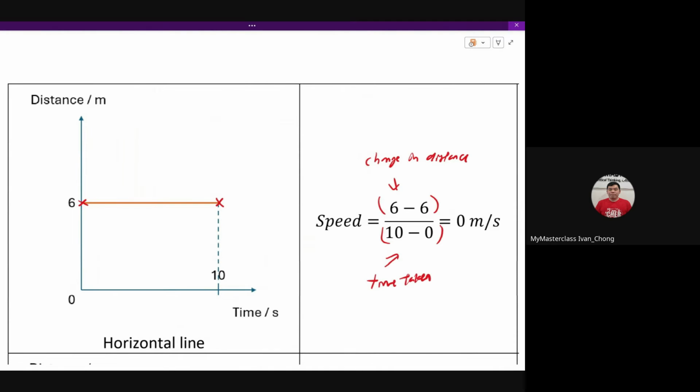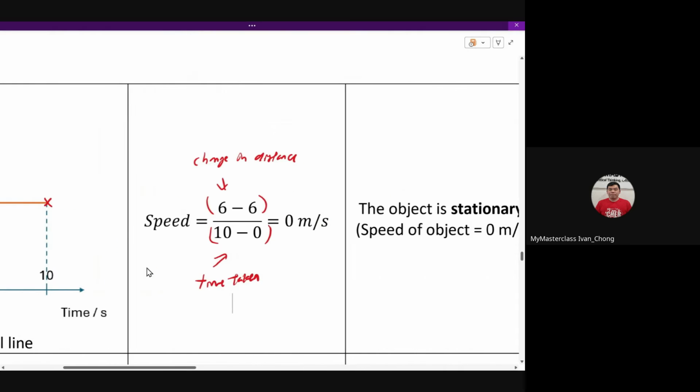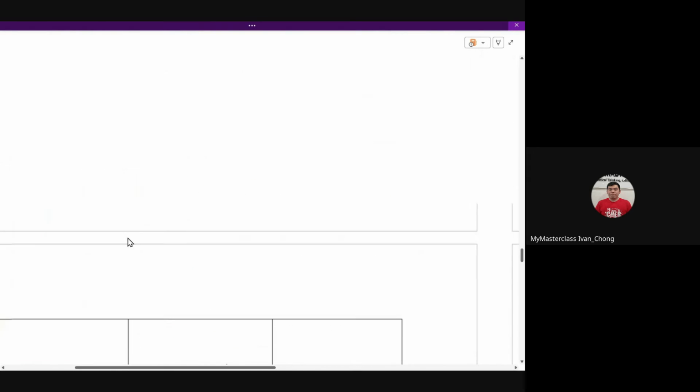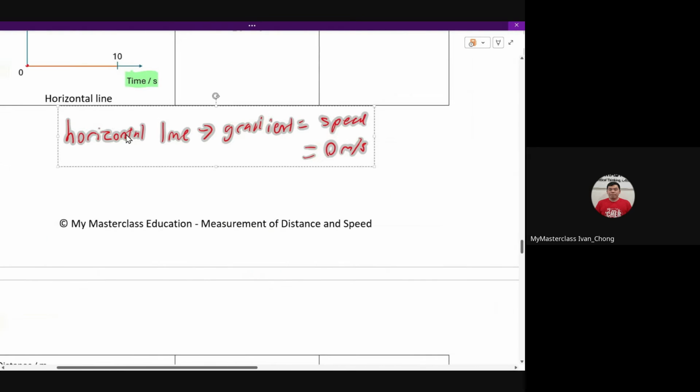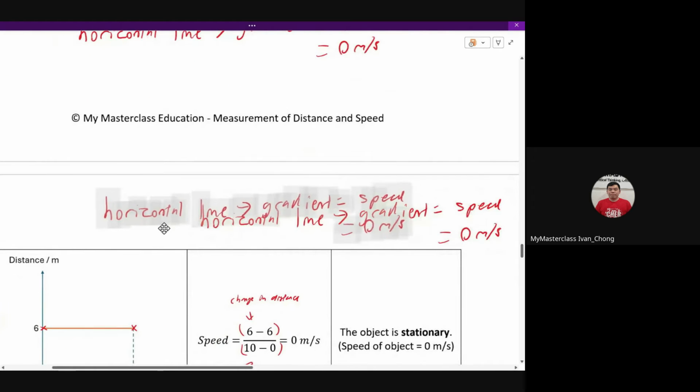For those who don't know the gradient formula, it is your distance here minus distance here, divided by time here minus time here. So 6 minus 6 is 0, and 0 divided by anything is always 0. As long as you have a horizontal line, the gradient is 0.